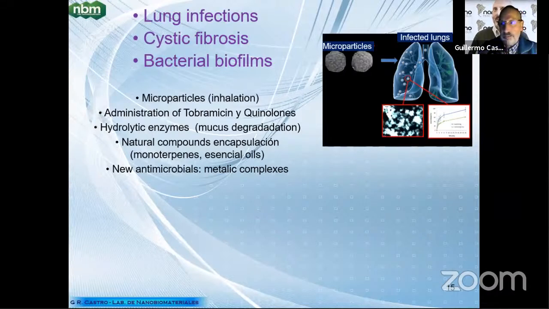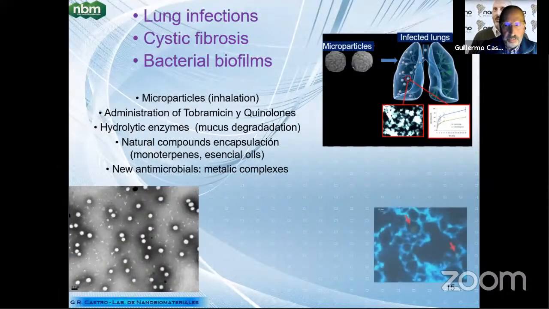Natural compounds that are bioactive, for example monoterpenes and essential oils, but also to administer metallic complexes, because we know silver is well known for use as an antimicrobial. So we think that could be a good choice.